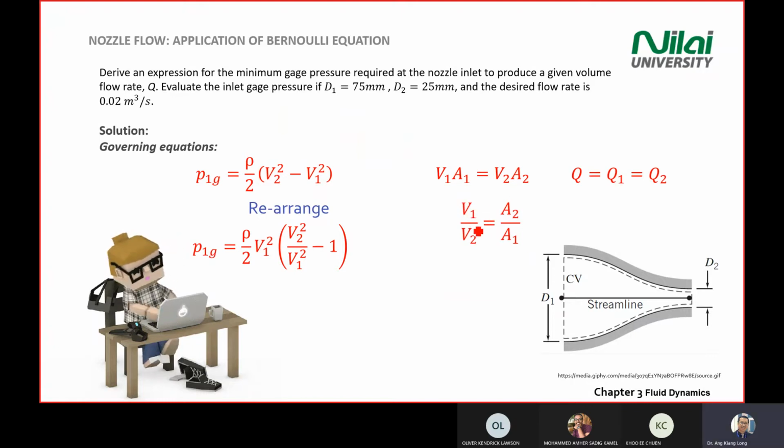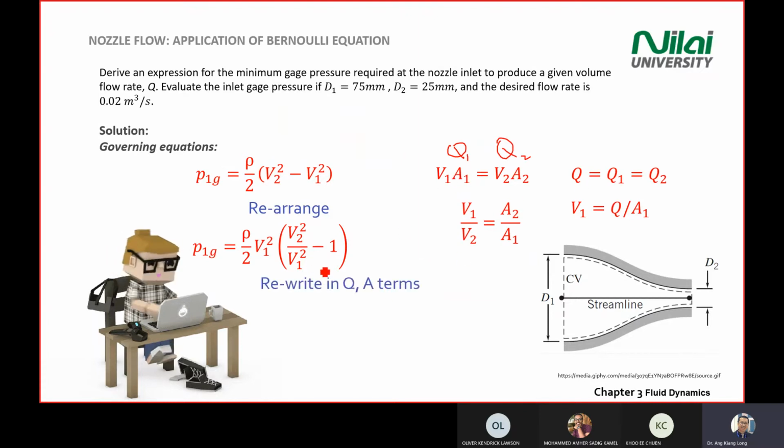the ratio of your V1 divided by V2 equal to the area ratio. And your V1 equal to Q divided by A1, because this is your Q, and this is also Q. So Q1, Q2, but both Q are the same, so you can write Q for your V1.